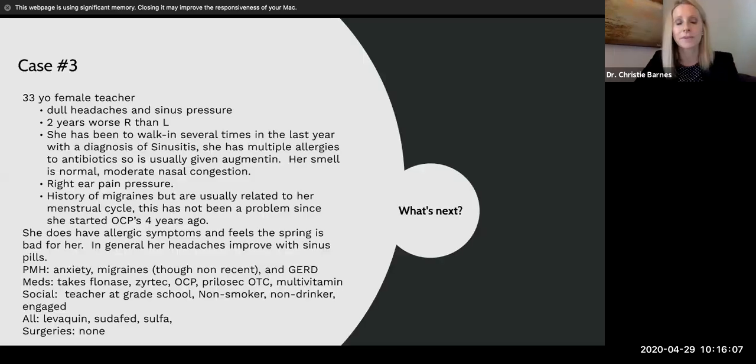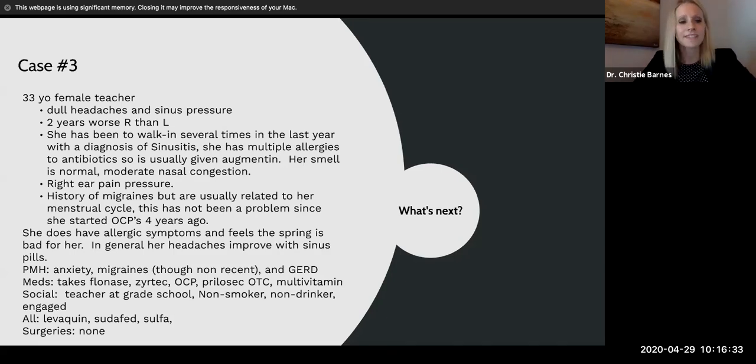So this is another patient, with very similar sinus pressure symptoms. Headaches are probably a little bit more prominent. She'd been on courses of antibiotics. Like most of the patients that walk into your office, she had multiple rounds of antibiotics from her clinic. She also really struggles with right ear pain and pressure, and she says, can you also look at my ear, because it's quite painful for me.